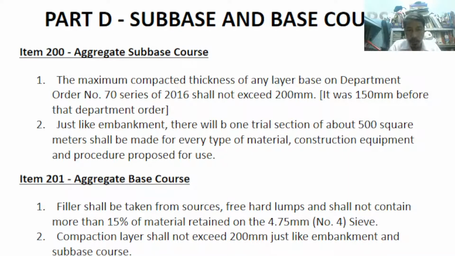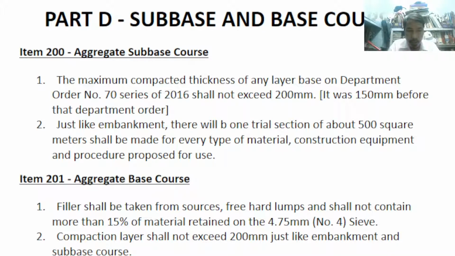It was 150 mm before, but now it is 200 mm. So 200 mm is 8 inches, and 150 mm is 6 inches. That is the maximum compacted thickness of any layer.